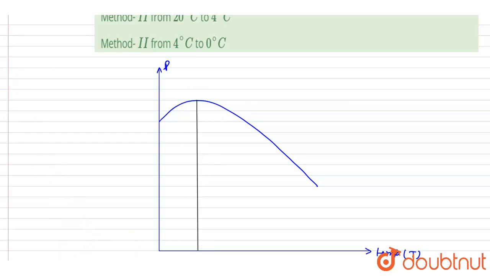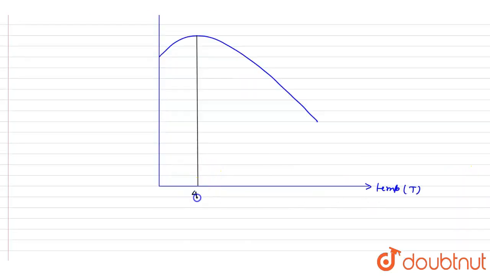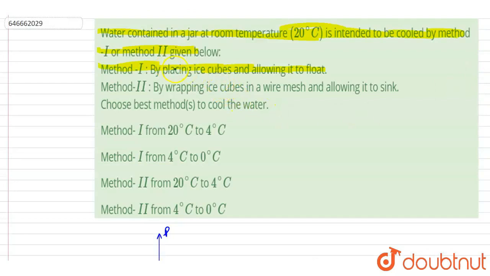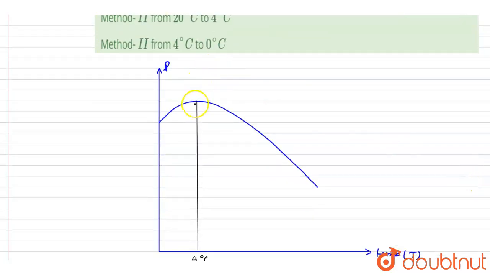Now at 4 degrees Celsius the density is maximum. So in the first method it is said that we place the ice cube and allow it to float. So when its density will be maximum at 4 degrees Celsius, how will that float?